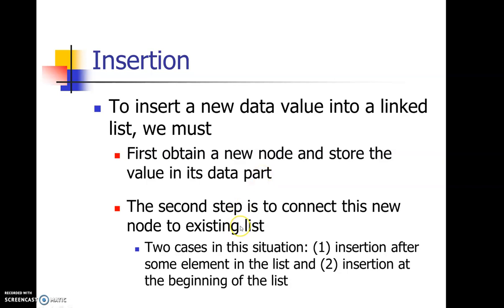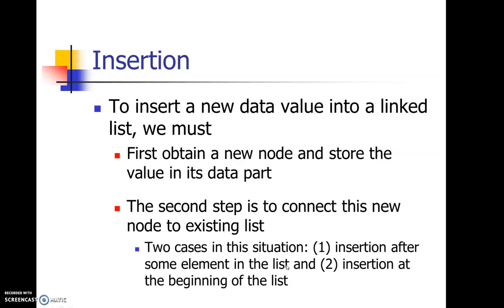Then, depending on the scenario, actually what is the insert location that you want, we try to put this item into the linked list. There are two scenarios. The first one is the general scenario, indicating I want to insert the item after some element in the list, which means that you want to insert the new item in the middle of the linked list.